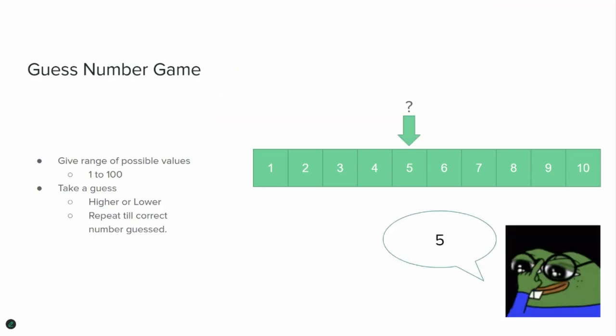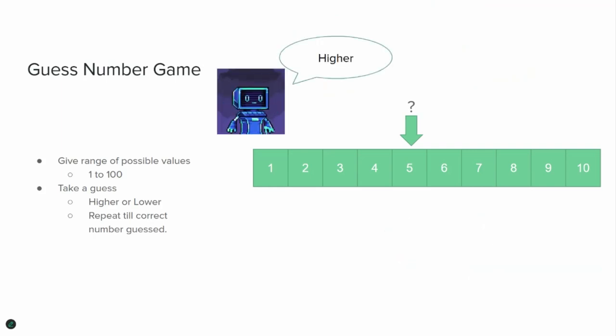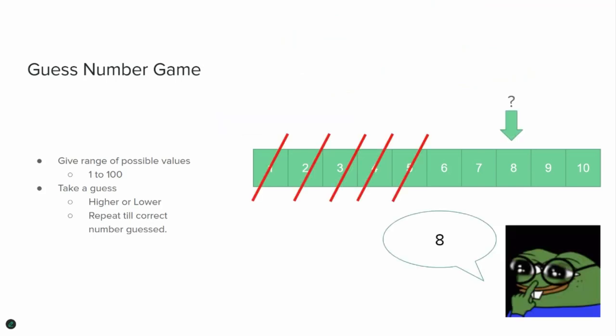So let's guess. Okay, I'm going to guess 5 because I want to be clever, and you will see why that's a clever move. When I say 5, the computer says no, that's not the right number it was thinking about. As you can see now, everything from 5 below has been eliminated because the computer told us that 5 was the wrong guess and we should go higher, right?